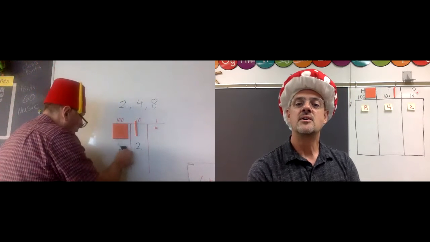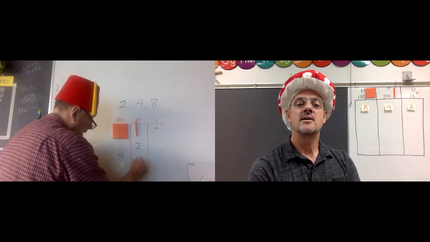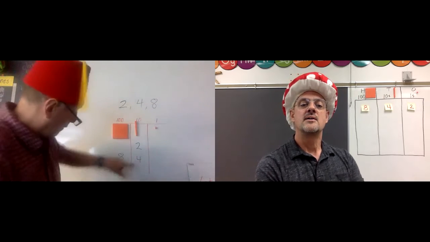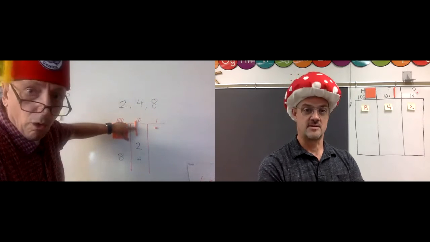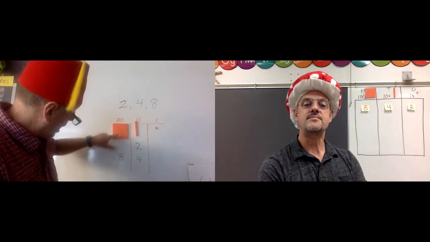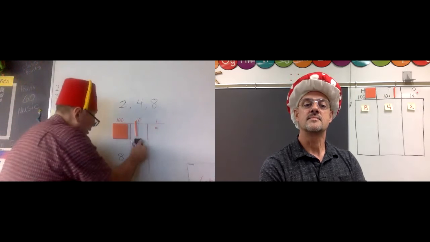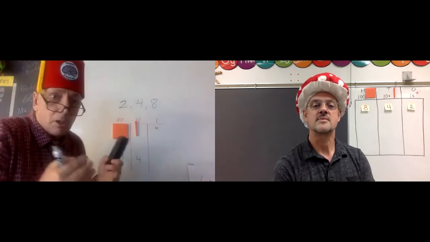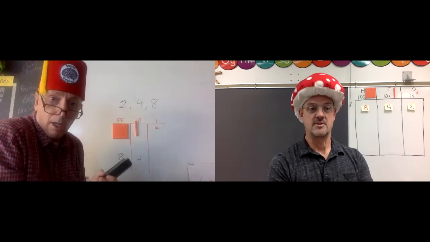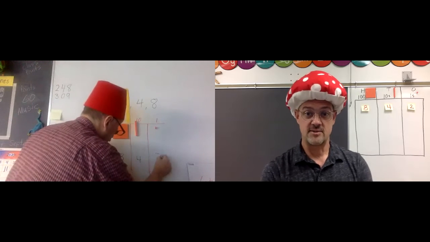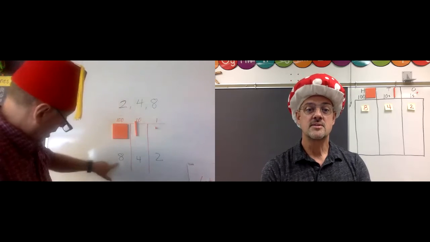So you want to take the 4 and you want to say 4 tens or 40, and now you have 840, and you want to take your 2 because that's the smallest quantity out of the 3 digits, right? Right. And 2, so you would have 842.